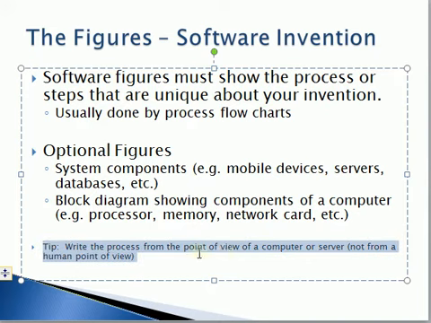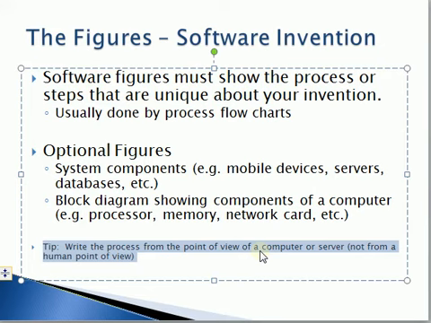The tip that I have here is don't write your process out from the point of view of a human. It's probably fairly standard for people to want to write it as you would be using the software as a human. So first you might log into the application, then you might view your friends list. But that's not the proper way to write the flow chart. You're going to want to write it from the point of view of the server or the processor that's going to be doing the work.